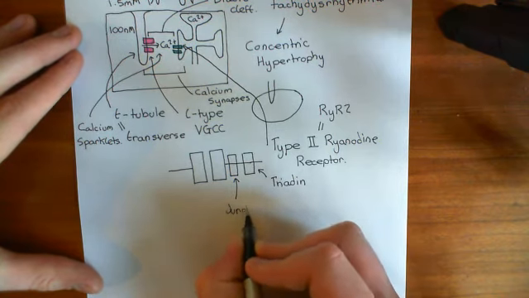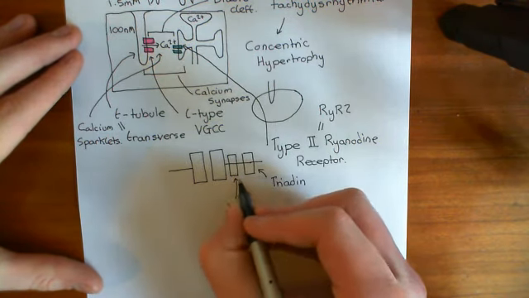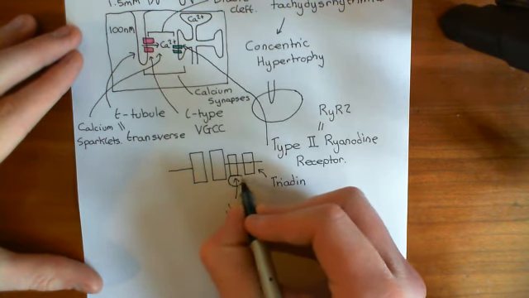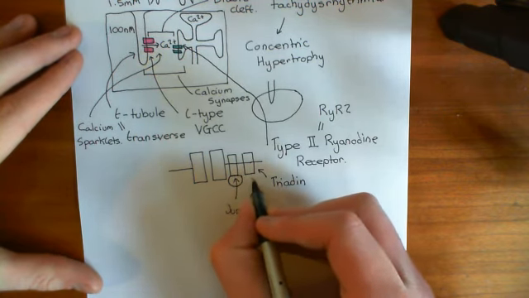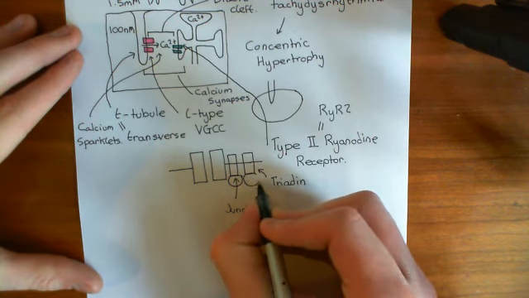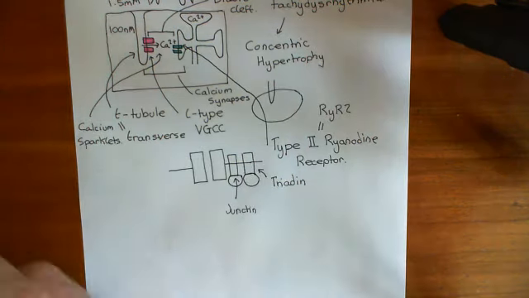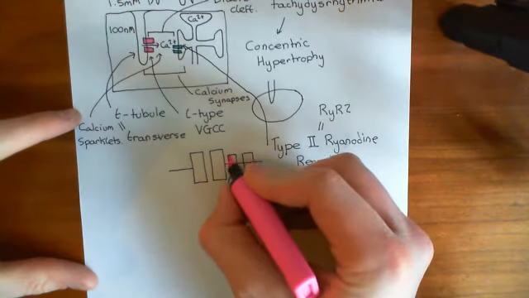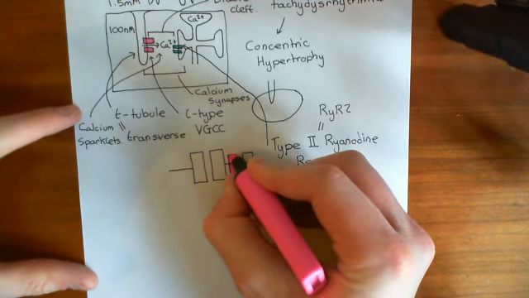Both triadin and junctin are bound to another protein, so it's going to be difficult for me to show this in the case of junctin because I've drawn this arrow right through where I want to put this other protein. So now the arrow that I've drawn for junctin looks as though it's pointing to this other protein, which is really annoying.